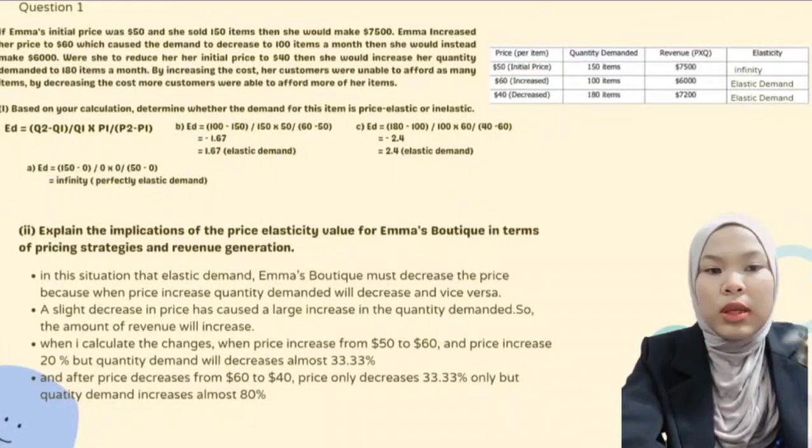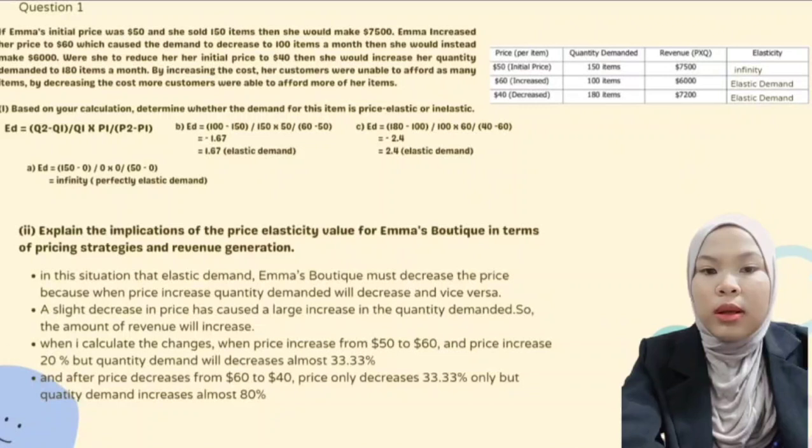The first calculation gives infinity, which is perfectly elastic demand. The second is negative 1.67, or 1.67, which is elastic demand, and the third is negative 2.4, or 2.4, which must be elastic demand.